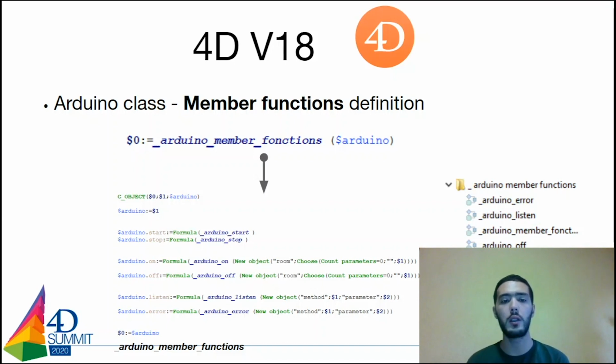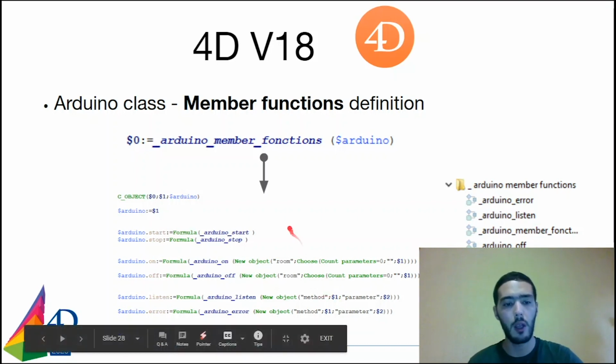And now, once we've defined both object attributes for the Arduino and channel class, we'll now define the member functions. In this same logic of object-oriented paradigm, we want this Arduino class to have member functions that will be easily called, thanks to the dot notation. So we'll define the start, stop, on, off to turn on or off each of the actuators, the listen to receive data from our sensors, and we'll define a callback for our errors.